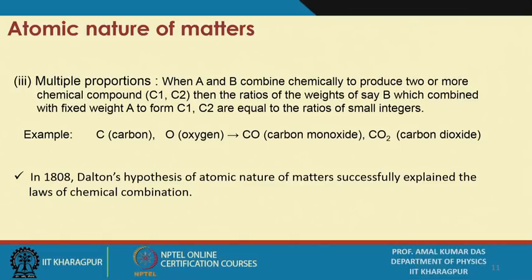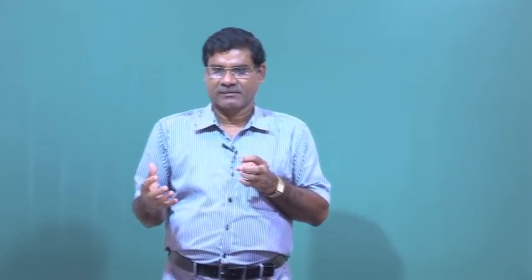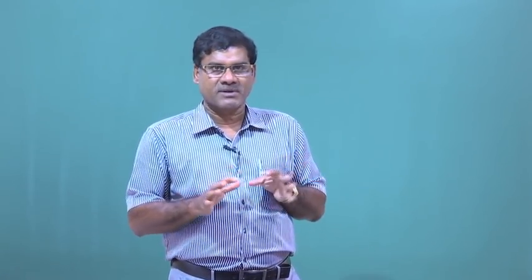One is fixed and the other combines with the fixed one to form different products, and in the different products the amounts of B are in a ratio that is a ratio of small integers. Okay. So, this was the experimental observation of chemical combination.